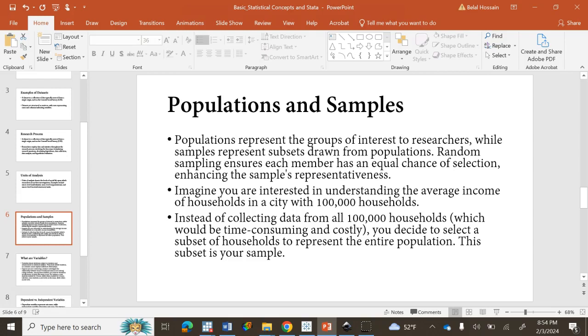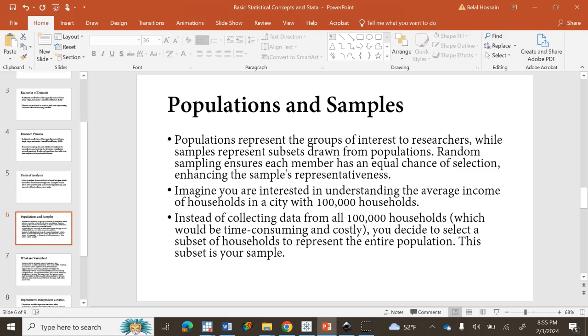Among these 2,000 households, you see that their average income is 30,000. So your sample is basically not representing your population. Okay, so you must not make any error in sampling because you want a representative sample.